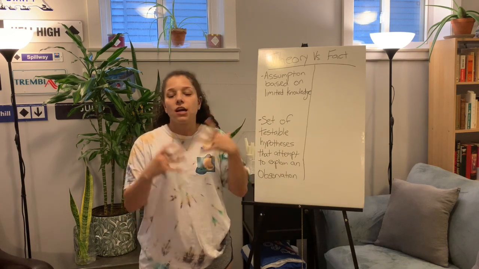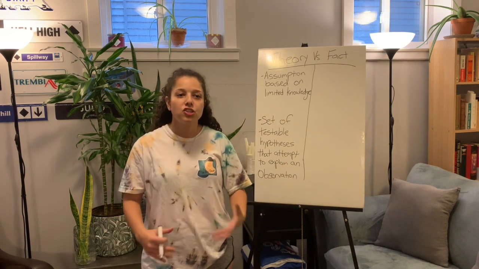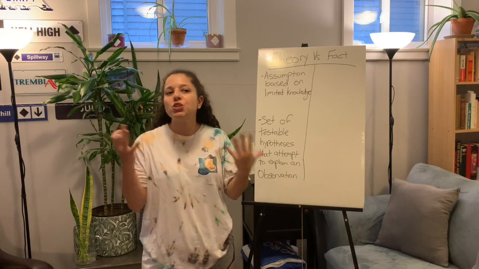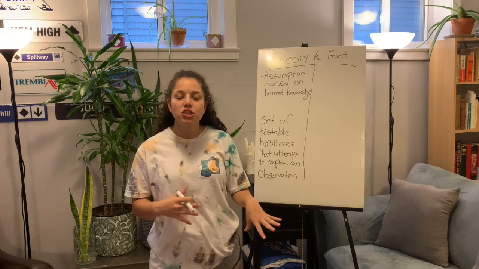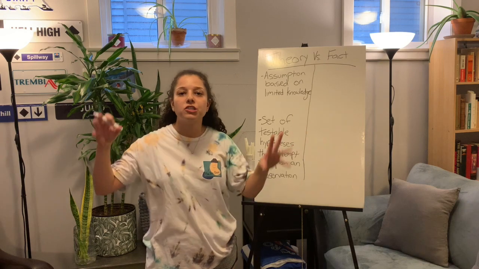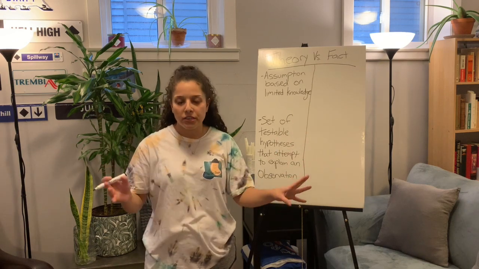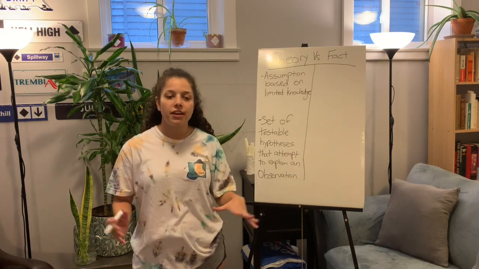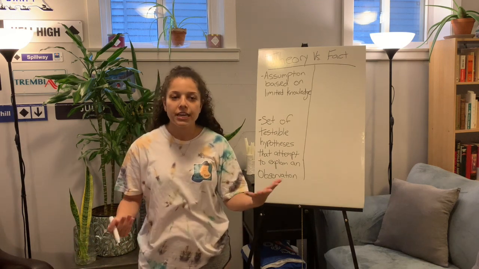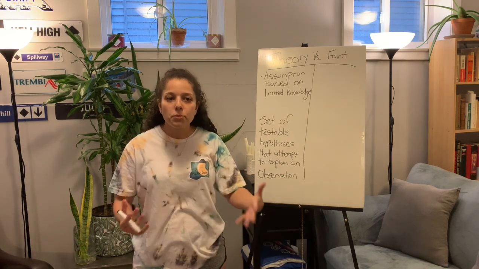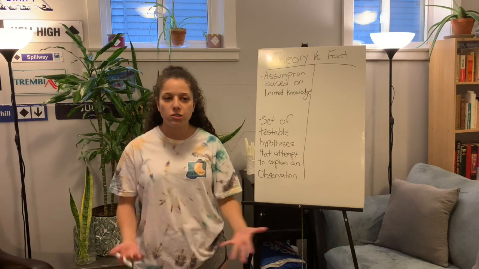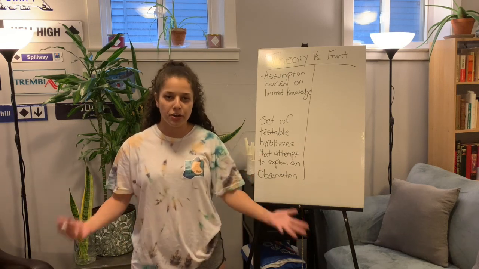That is more of a lay person's definition of what a theory is, that we assume things based on a little bit of information, and we then use a theory to explain something that we see. A more scientific explanation is that a theory is a set of testable hypotheses that attempt to explain observations about the natural world.